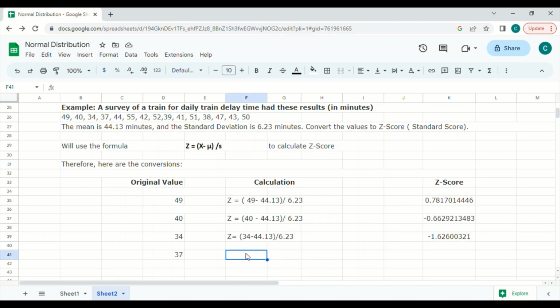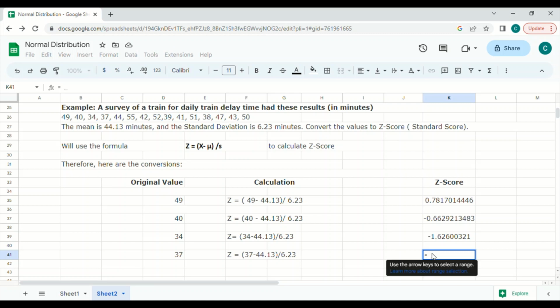Let's calculate the z-score for the value 37. Z-score equals x, which is 37, minus mean value, which is 44.13, bracket close, divided by standard deviation, which is 6.23.